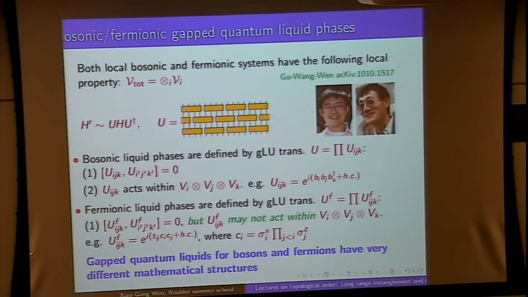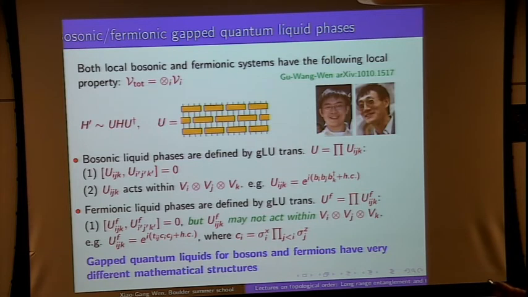In the boson system, when I say local unitary, I really mean that some operator only acts on the sub-Hilbert space on those sites. Those operators really act on those on-site Hilbert spaces. That's what this local unitary operator means. However, for the fermion system, this local unitary is actually not local at all. It can act on any states.